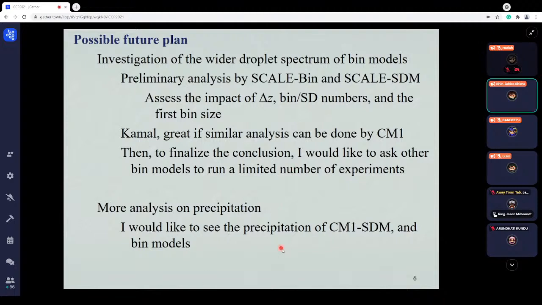And I also would like to ask, especially beam model participants, to run a case with precipitation. And I also would like to ask Kamal once again, using your CM1 SDM model, to run a case with precipitation. That's all from my side. Thank you very much.